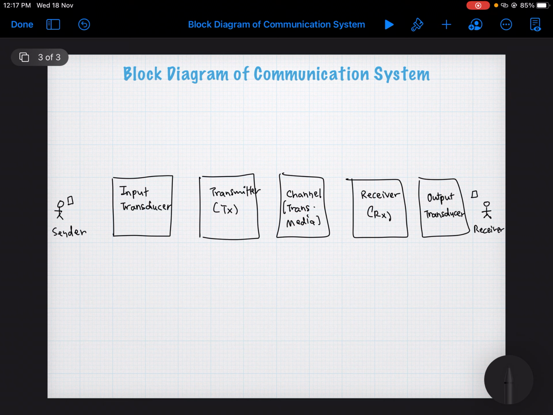So you as a sender will give an input message, and at the other end we will have the output message.